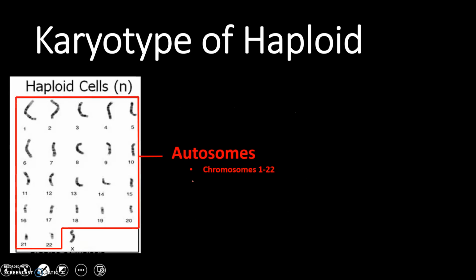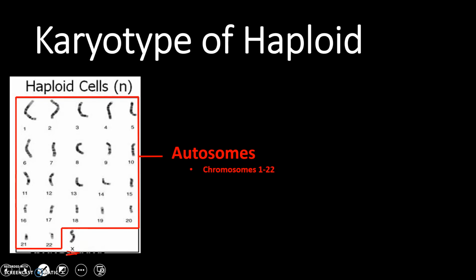If we look at this karyotype of this haploid cell, you notice that it's numbered 1 through 22, and then you have X over here. Now, what's unique about that? Well, chromosomes number 1 through 22, we call those autosomes.